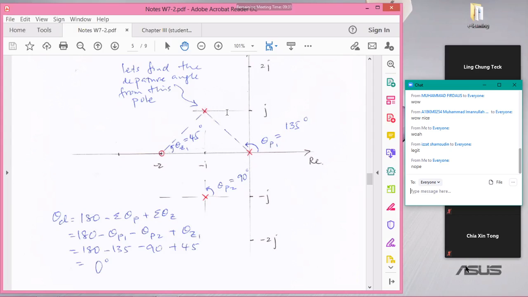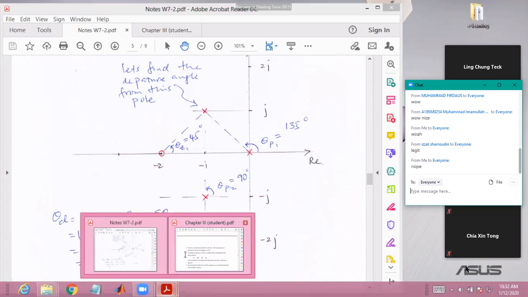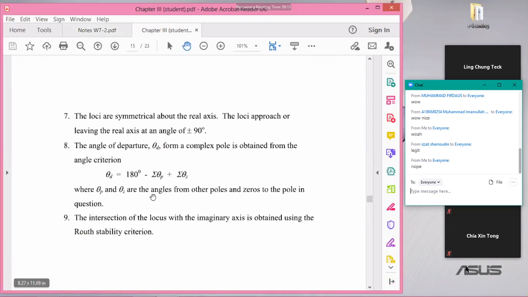Horizontal to the right is the angle 0 degrees, exactly to the right. And then step 9 is not necessary because we are never going to cross the imaginary axis.